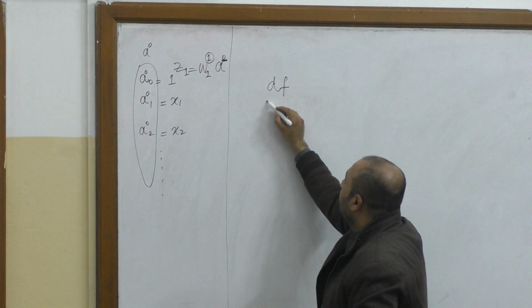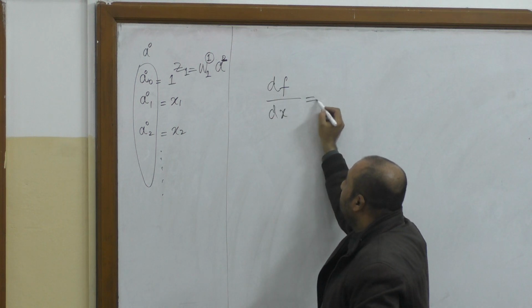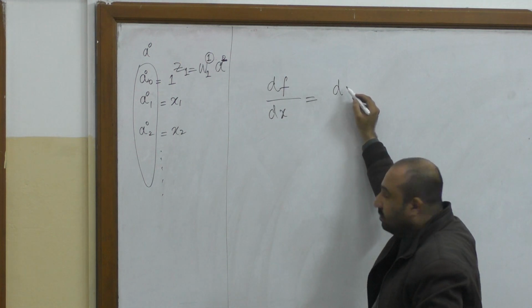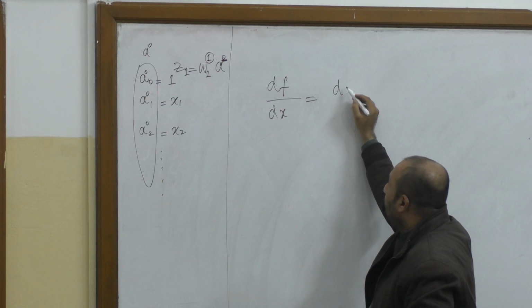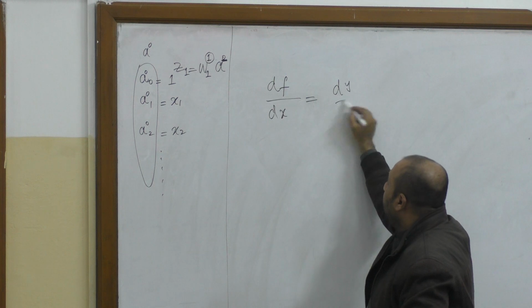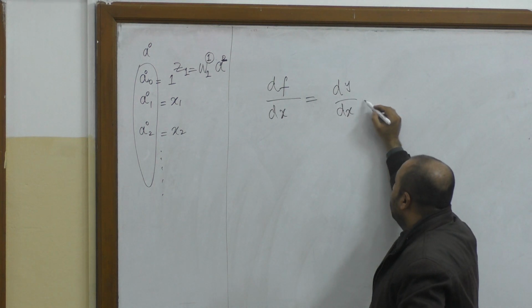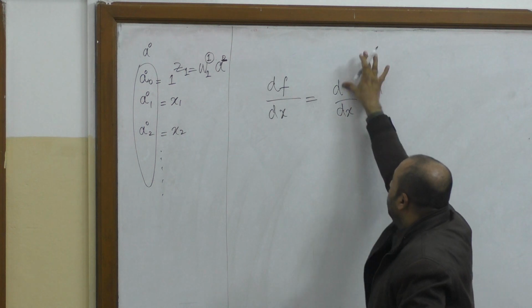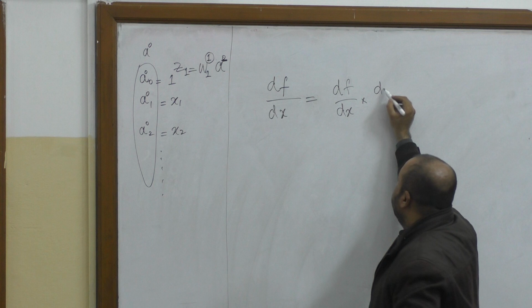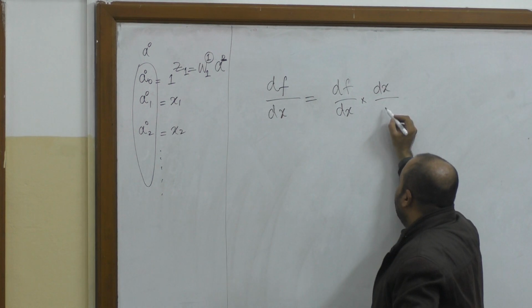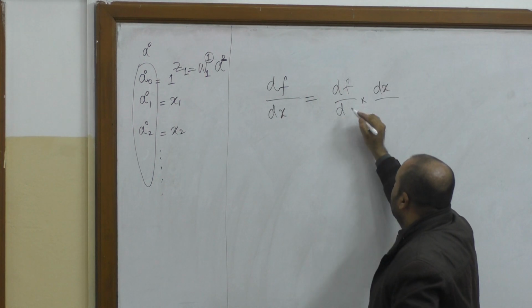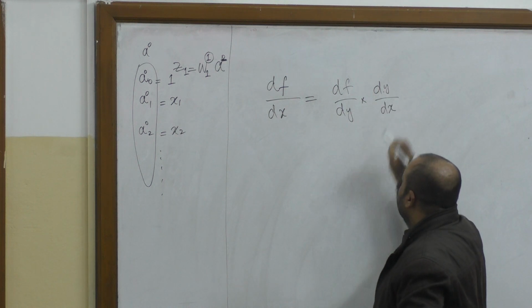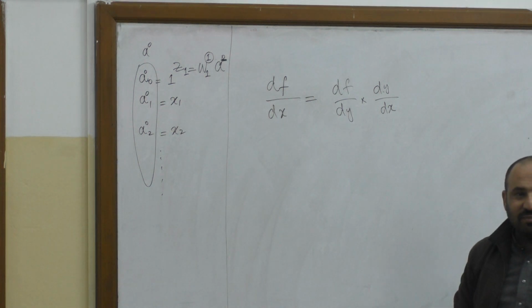df by dx is equal to df by dy times dy by dx. ठीक है?